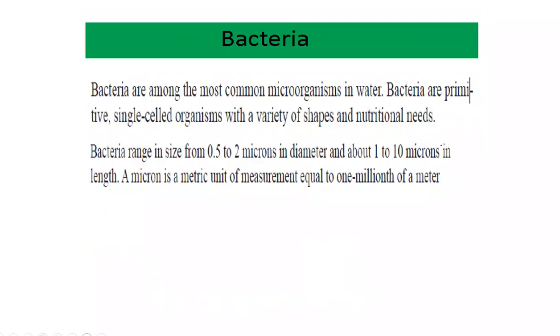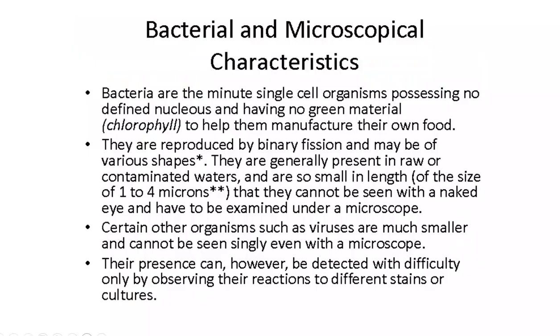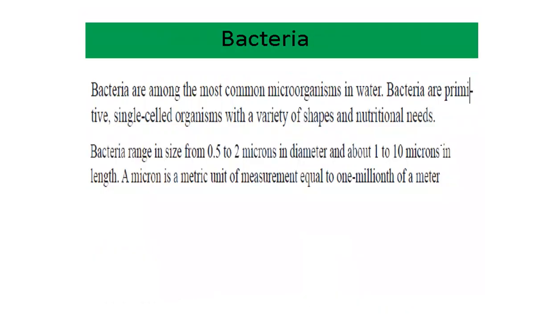What are bacteria? Bacteria are among the most common organisms in water. As I told you, they are minute single cell organisms possessing no defined nucleus and having no green material.